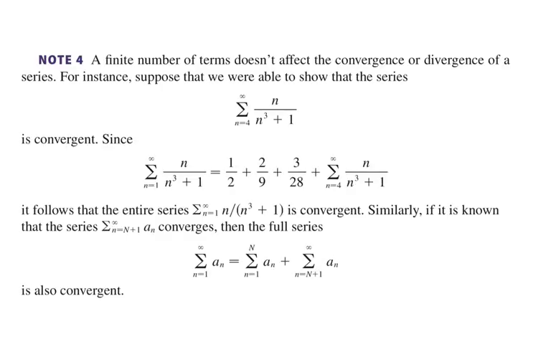The last note I want to show you is that a finite number of terms doesn't affect the convergence or divergence. So for example, if you were going to look at this sequence here, we can find the sum of the first few, and we know that it's convergent. So when we find that the finite sum is convergent, we find that the infinite sum is also convergent.